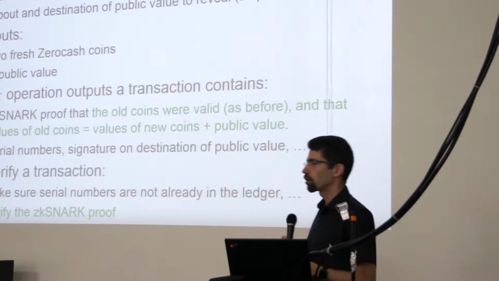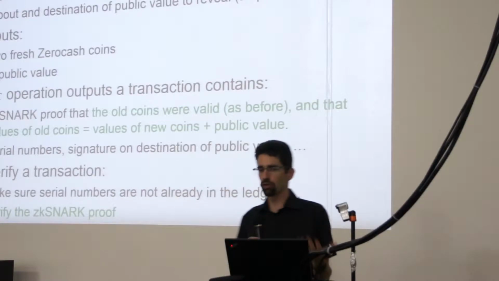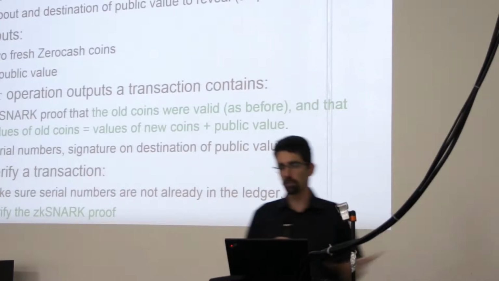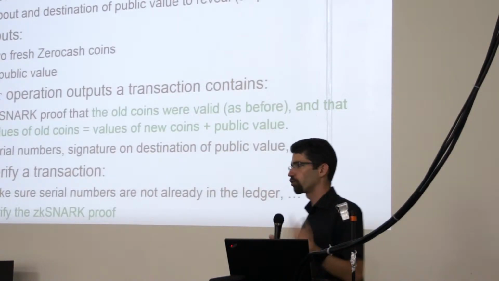Moreover, those SNARKs capture the fact that the values of the old coins equal the values of the new coins in total plus the public value. So, put otherwise, no new money was created.